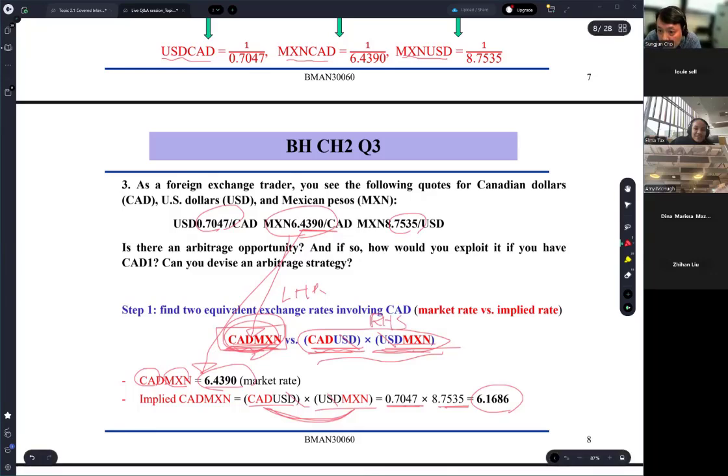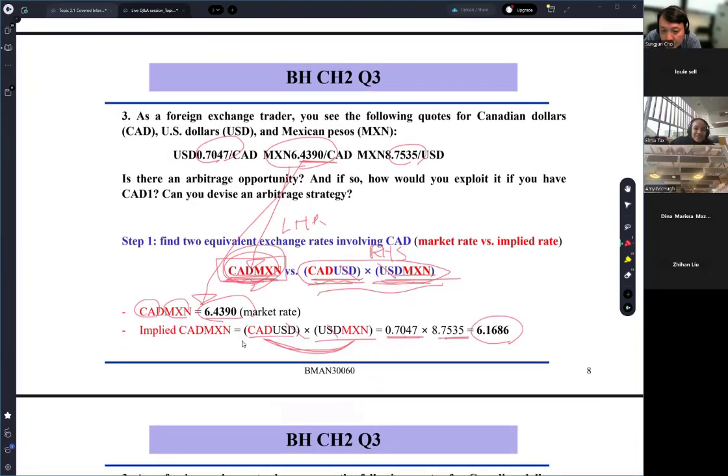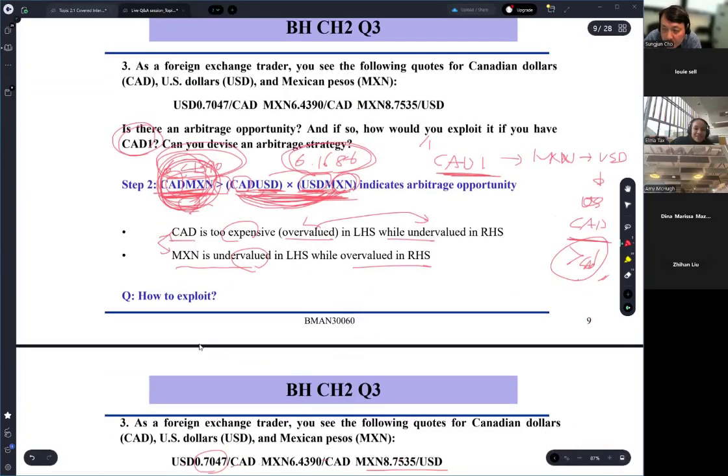So we just have 2 set of price, one directly available from market, the other one, you have to get it using cross rate formula. So if you have 2 different set of prices, now you can think about arbitrage opportunity.